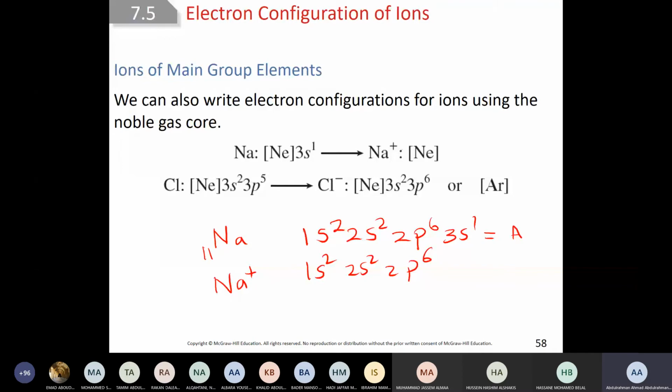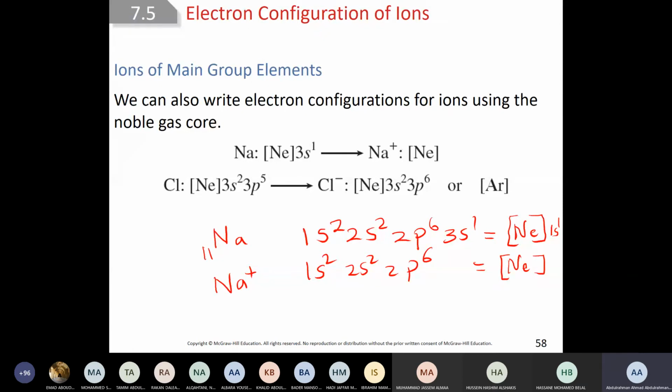Oh, sorry, neon. 1s2, 2s2, 2p6. Now when it becomes Na plus, what is it? Neon, exactly.